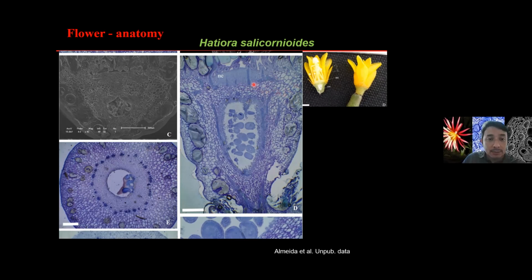And the same vascular bundles that go to the stamens and the filaments are vascularizing the nectary too.